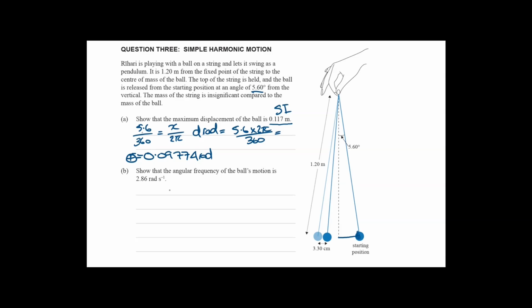And we know that the distance arced out is the length of the radius times that angle in radians.